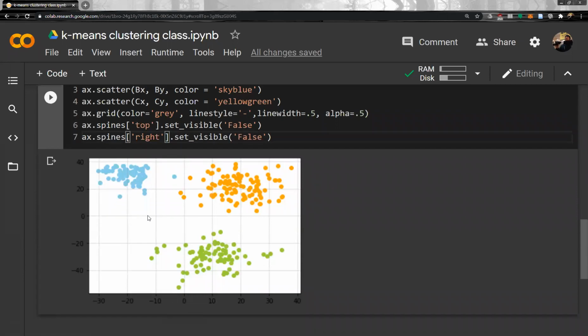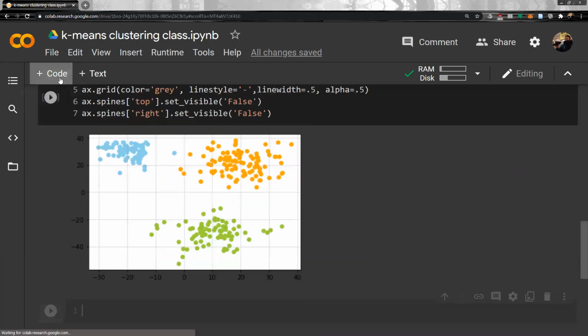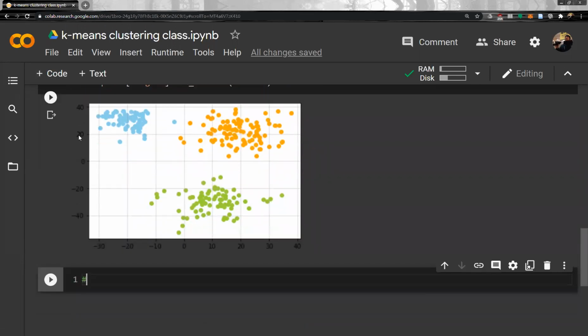So we have three distinct clusters, and then we will see whether our data do good clustering. So let's add code. Our first step is to instantiate the model.